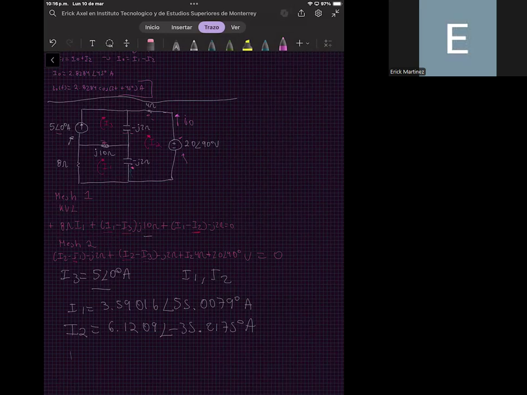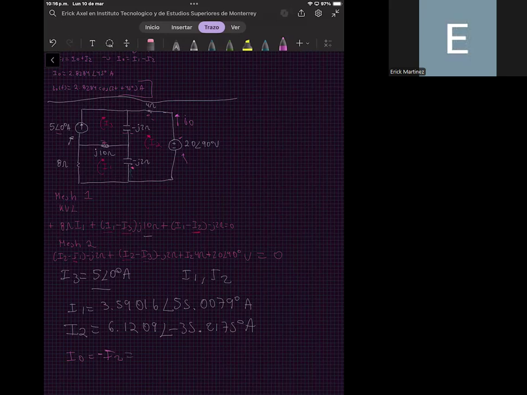But since these two currents are pointing in different directions, we need to place a negative sign to indicate that I sub 0 is equal to the negative of the current I2.